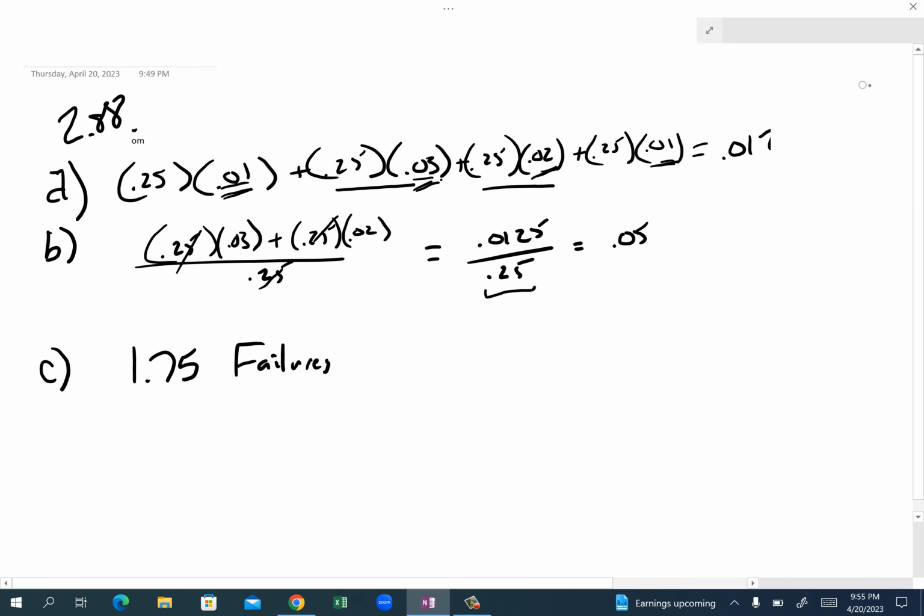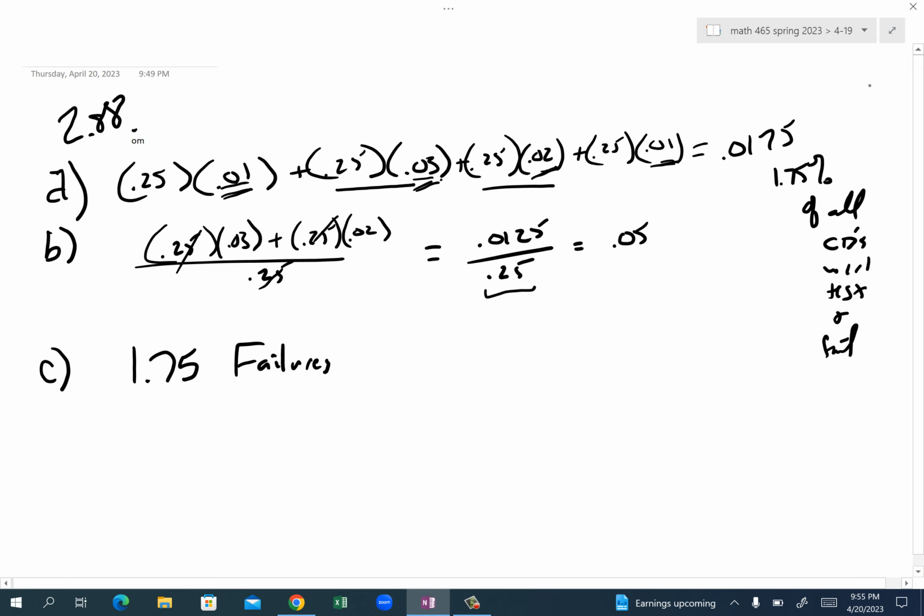So when you look at that 7%, you were saying that 7% of the 25% would fail. And that's true. 7% of the 25%. But listen, we're talking out of all of them. Out of all the CDs, how many would I reject? Well, 7% of 25%, which is 1.75%.